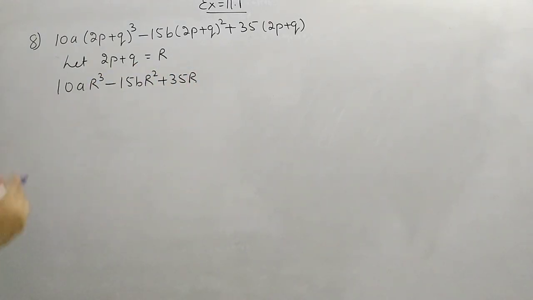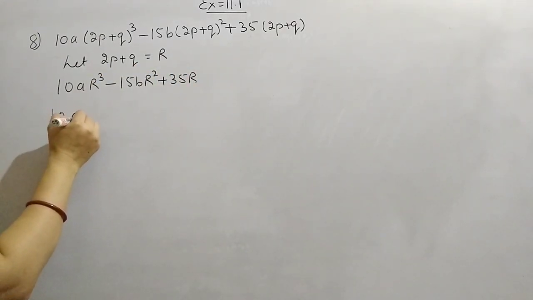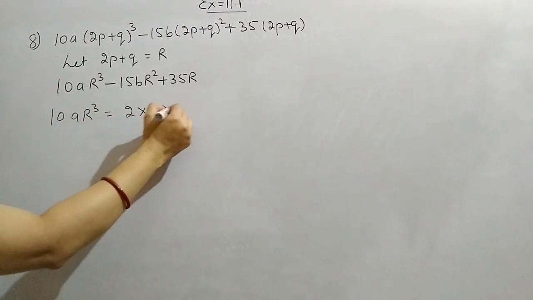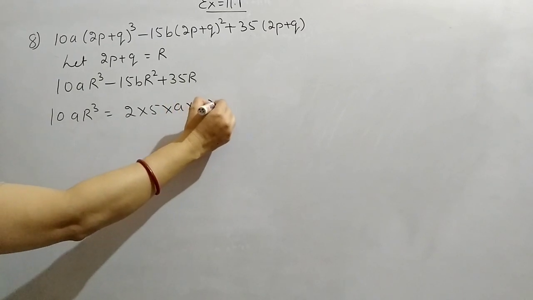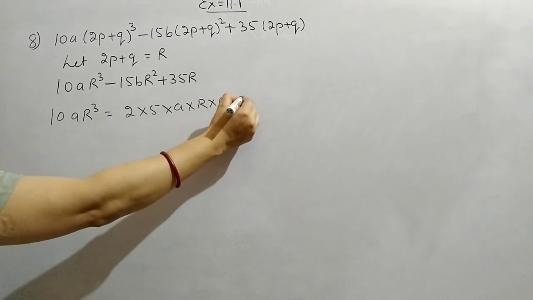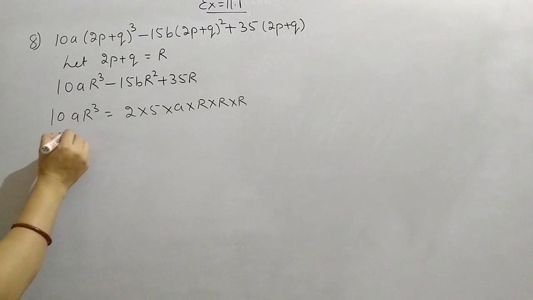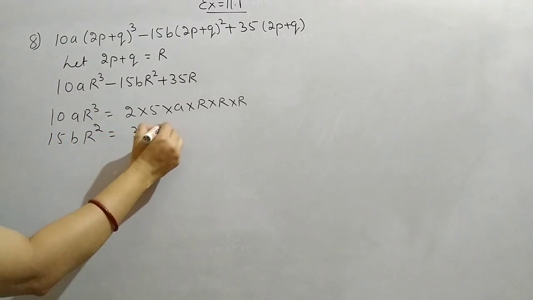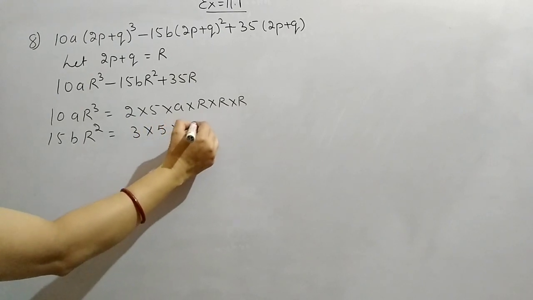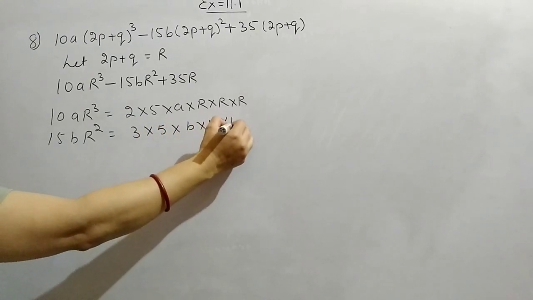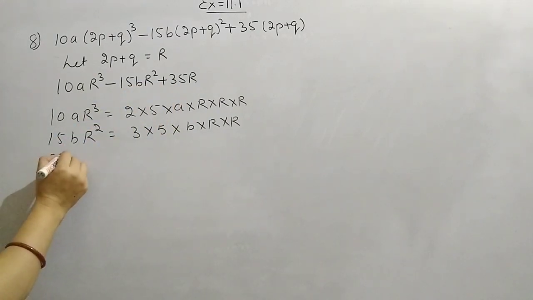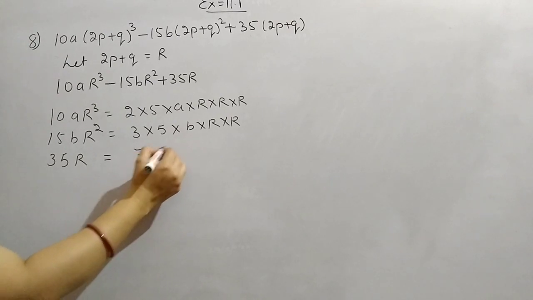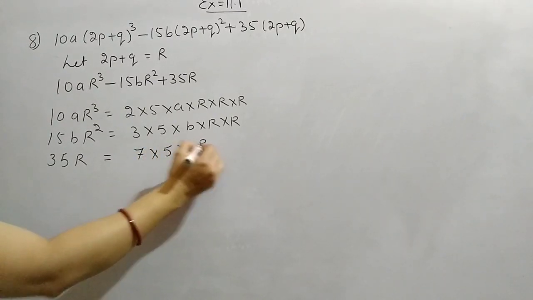Next we will split all these terms. First, 10ar cube we can write as 2 into 5 into a into r into r into r. Second, 15br square we can write as 3 into 5 into b into r into r. And the third term, 35r, we can write as 7 into 5 into r.